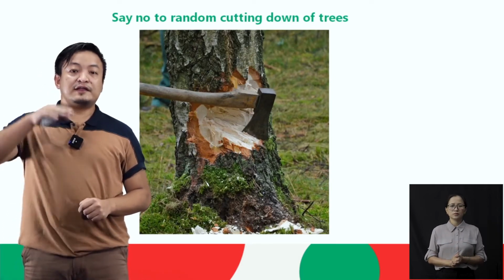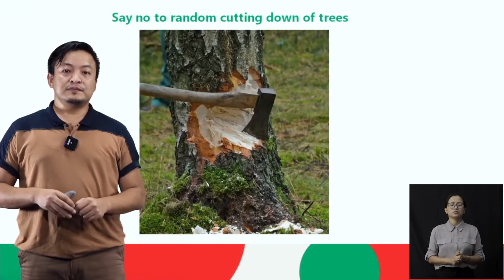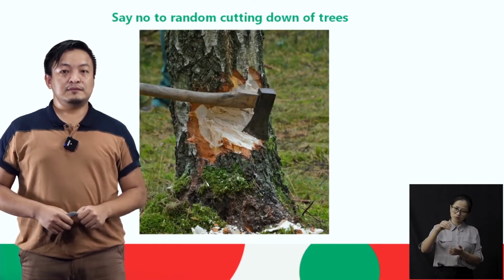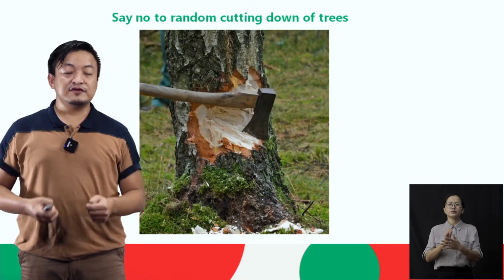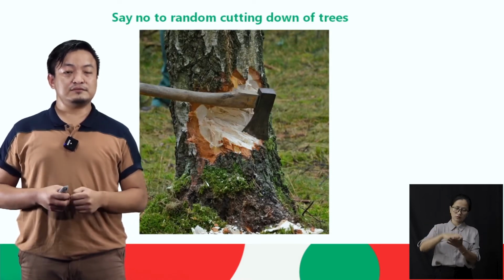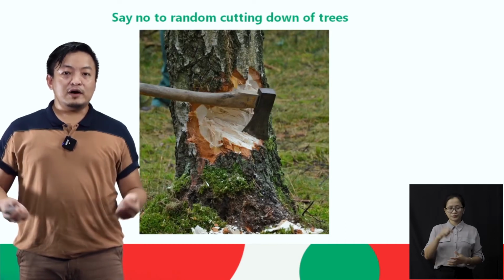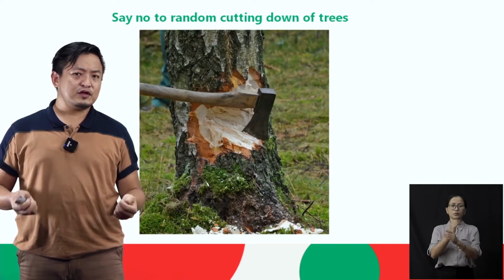That means degradation of the upper layer of the soil. So trees can protect us even from soil erosion. Okay? Now, why, how, and trees will protect us from soil erosion?